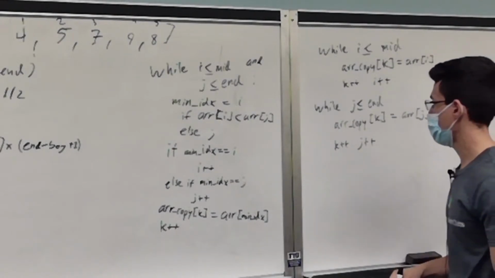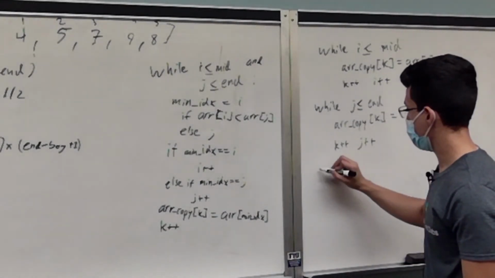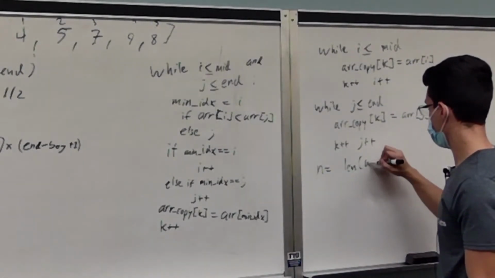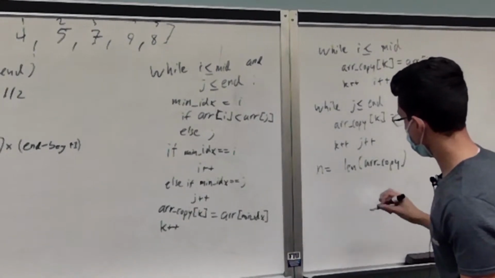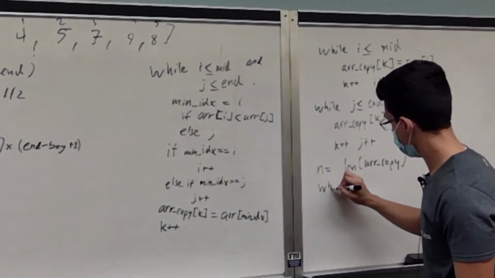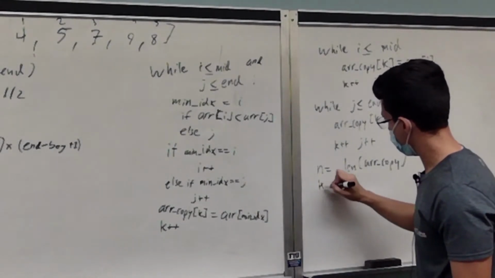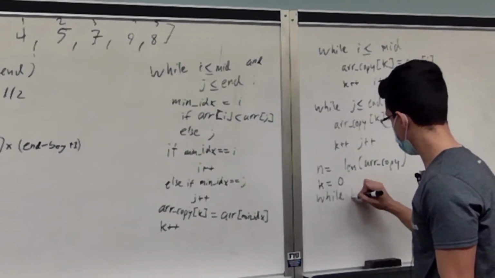Actually, we could just set n equal to the length of array copy. And then I'm going to set k back to 0.